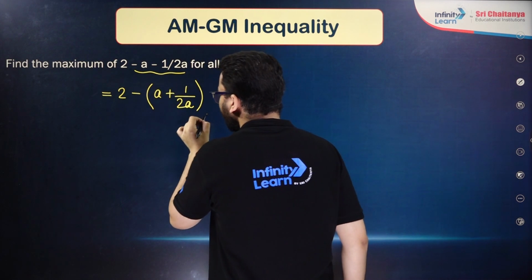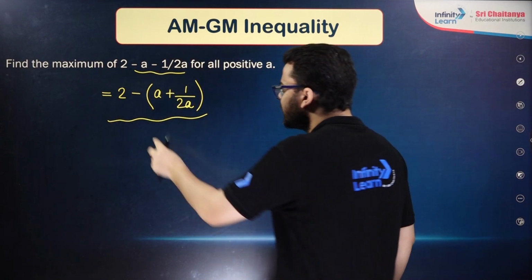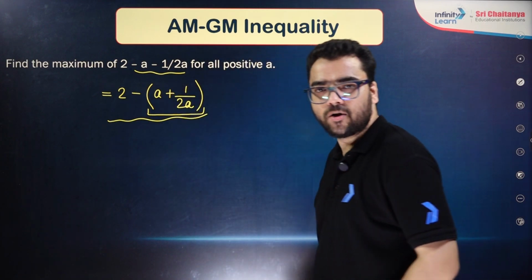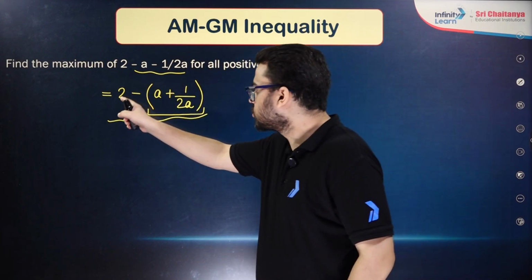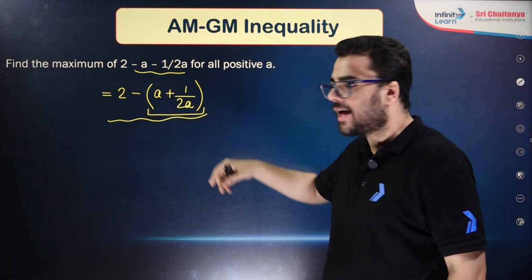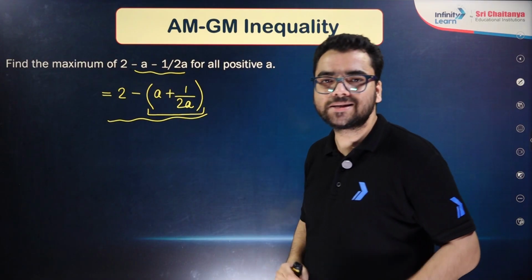So I want the maximum value of this expression. So you see, this thing will be maximum if this thing is minimum. I hope you understand that, because it is 2 minus this thing. So this whole expression's value will be maximum if A plus 1 by 2A is minimum.